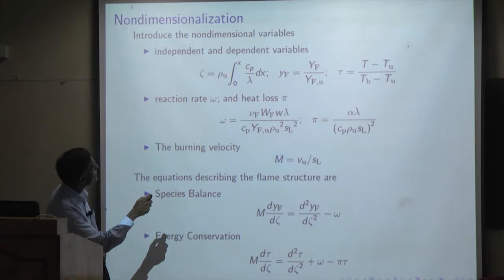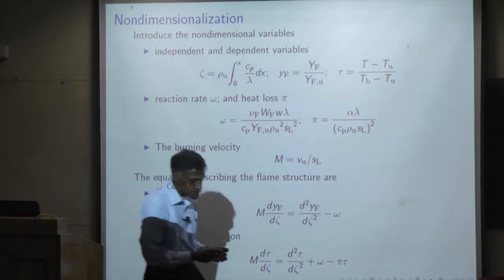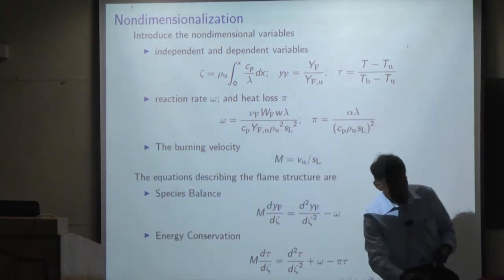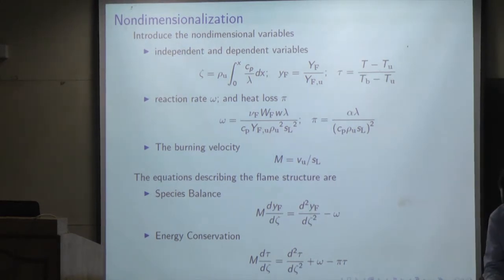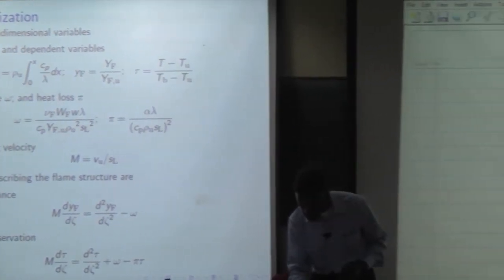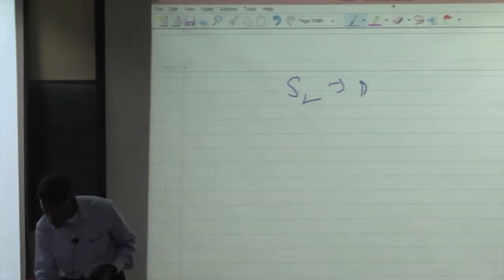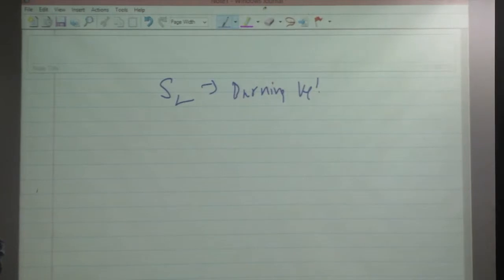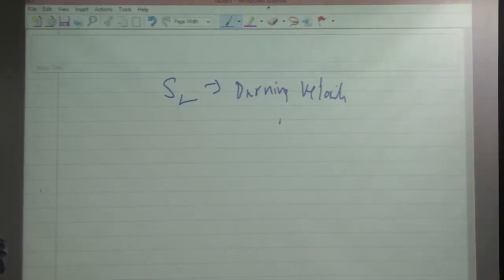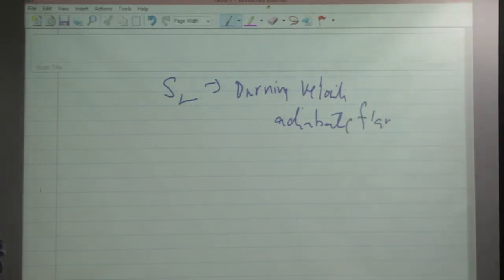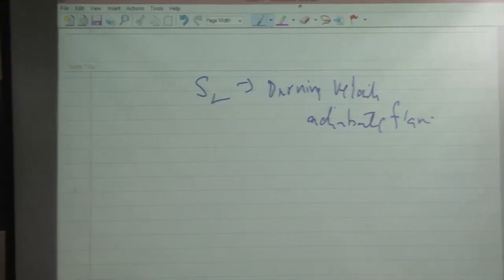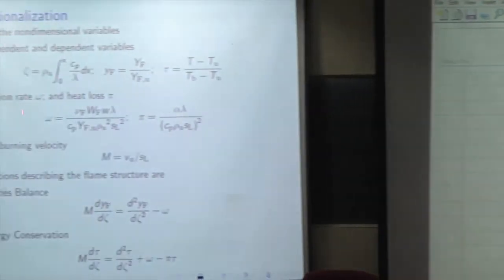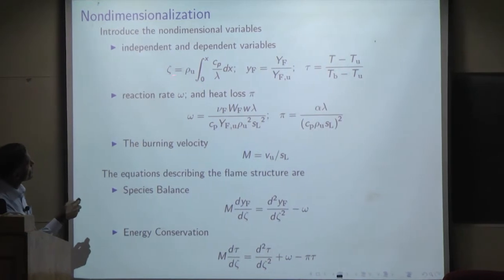They must appear here, SL and S. So let's define SL as the burning velocity for the adiabatic flame. Okay, so that's the burning velocity. SL is the burning velocity of the adiabatic flame, so that SL should appear here. Anyways, so the zeta is now the non-dimensional parameter.